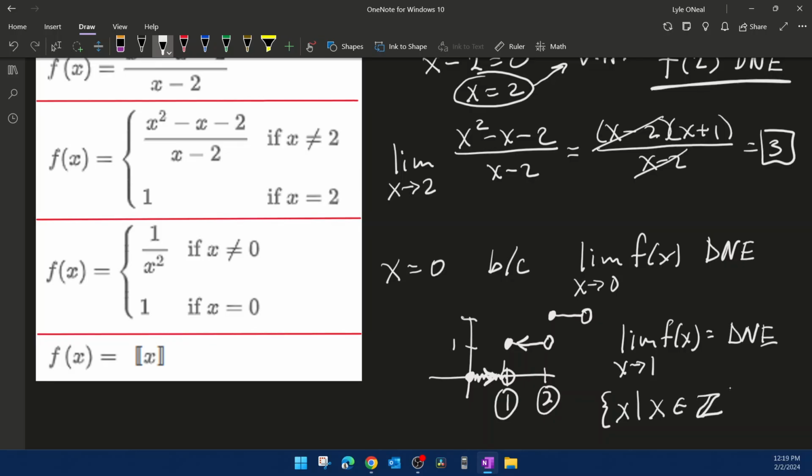And we're going to use the fancy notation in this class. This funky looking Z with two backbones is the symbol we use for integers. And so this is the way that you would indicate the set of all x's where this function will not be continuous.